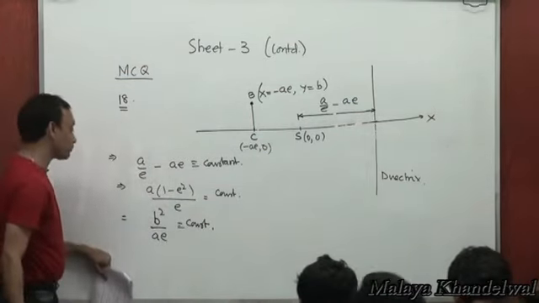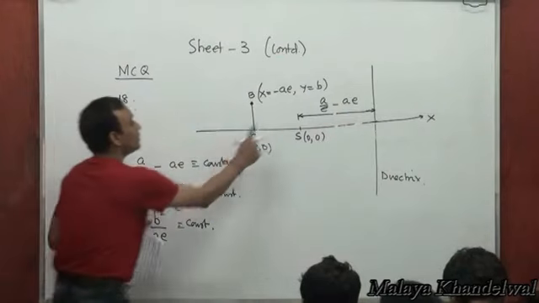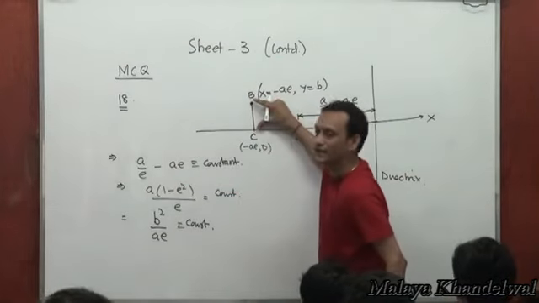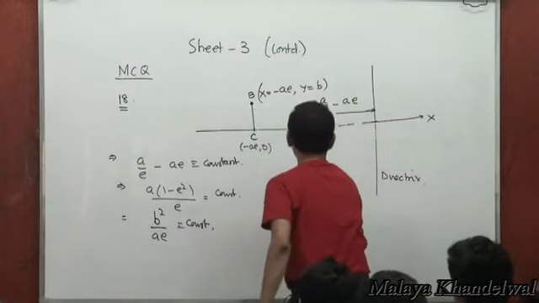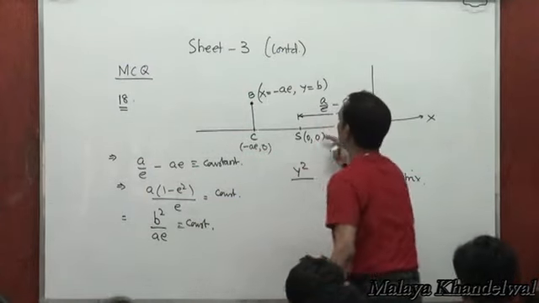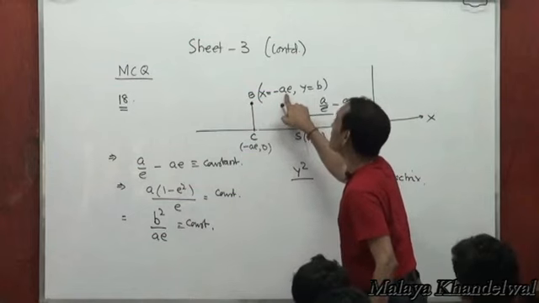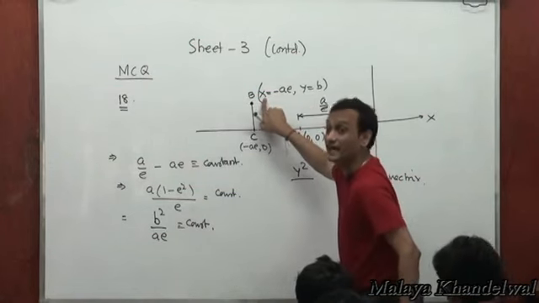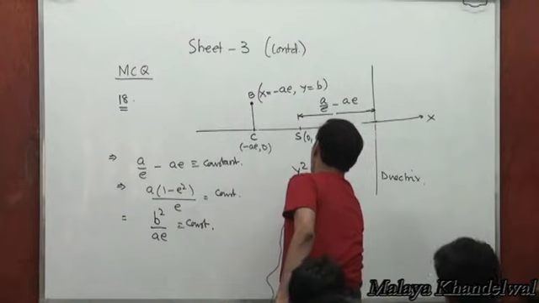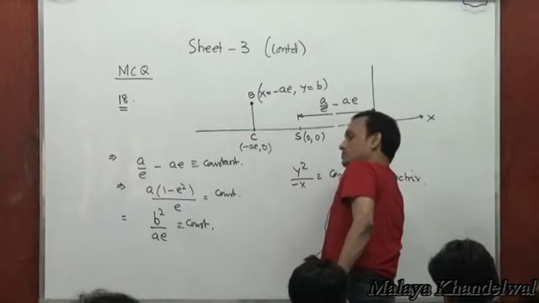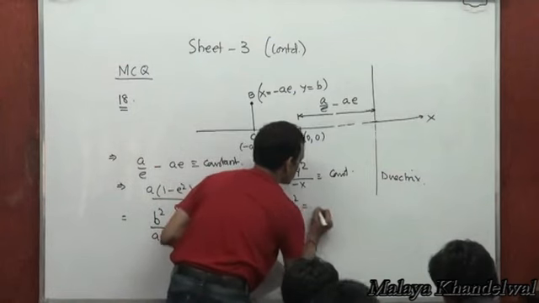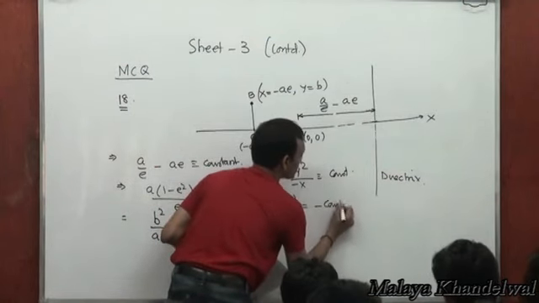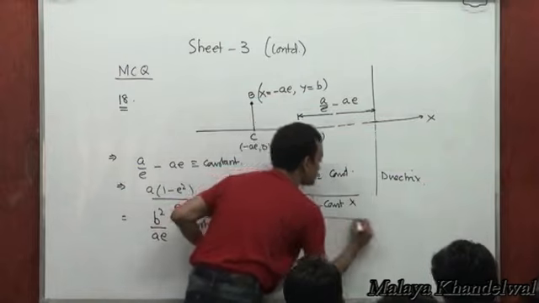Yes or no? B is the y coordinate of the end of the minor axis. So this is y squared. So you have y squared by, and minus AE. AE is the negative of the x coordinate, so minus x, that's a constant, right? So we have y squared equal to minus a constant into x, which represents what?